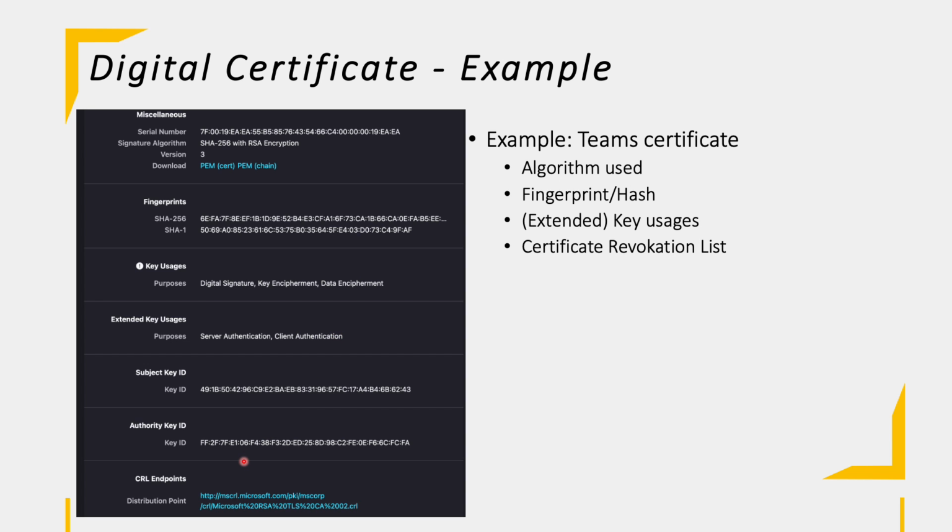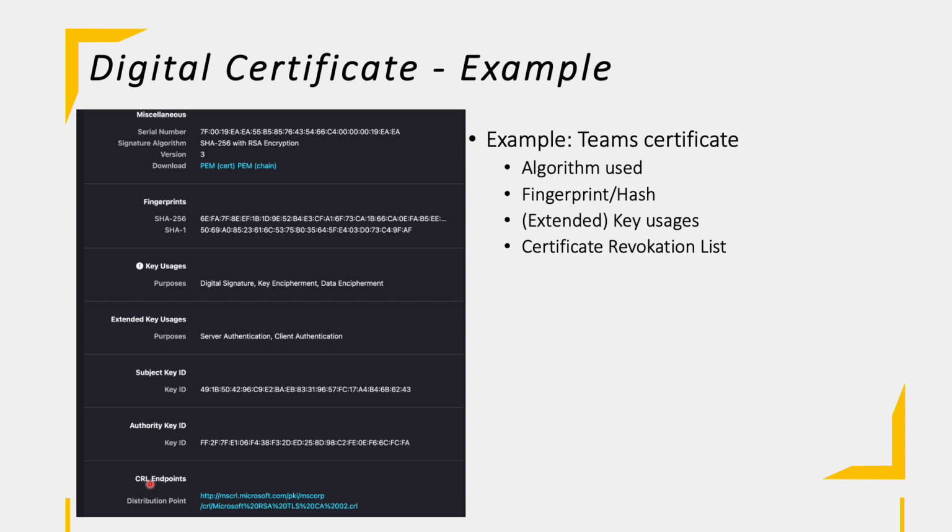And on the bottom we have one important part of the certificate, which is the CRL, the certificate revocation list, where we can find the list of certificates this issuing CA has revoked in the past.